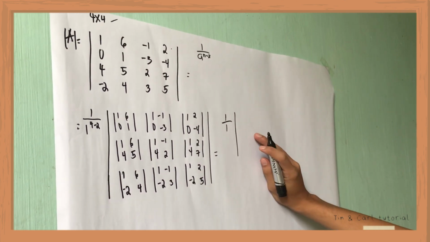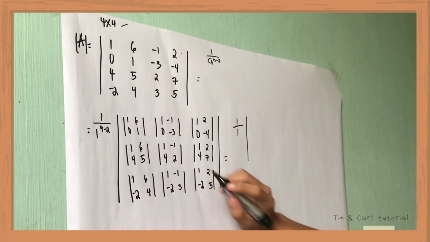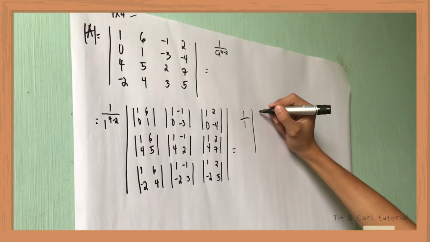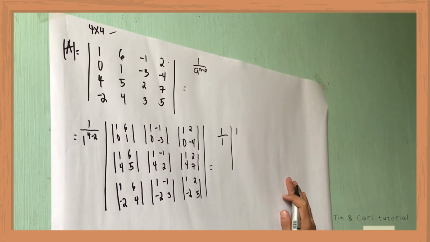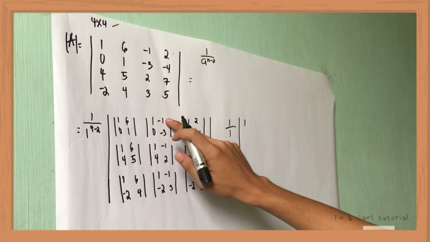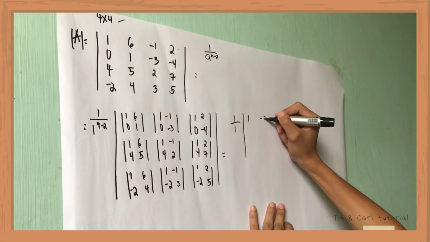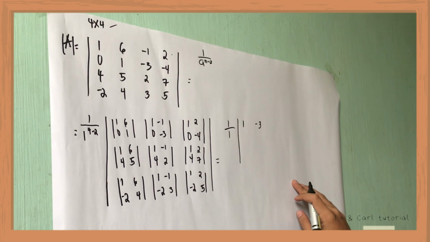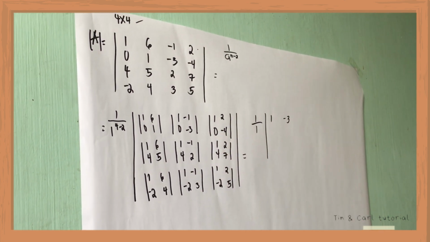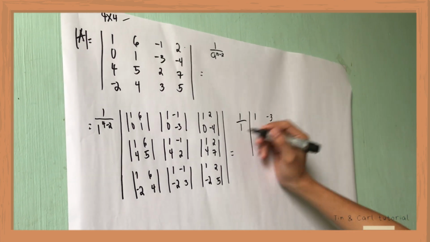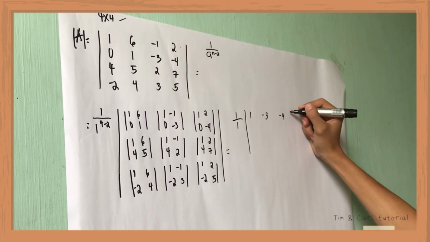Ang makukuha nating 3 by 3 is 1 multiply by 1 is 1. Minus 0 is 1 pa rin. Negative 3 multiply by 1 is negative 3. Minus 0 is negative 3. And then, negative 4 multiplied by 1 is negative 4 minus 0, negative 4 pa rin.